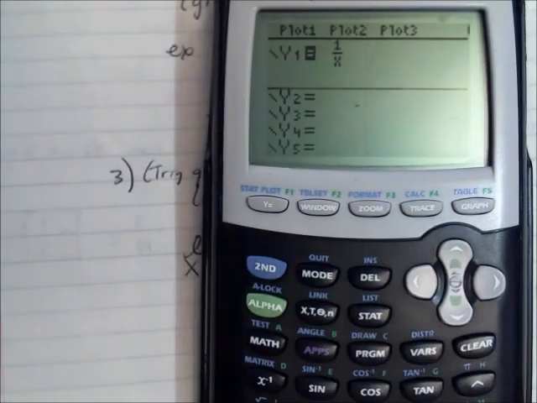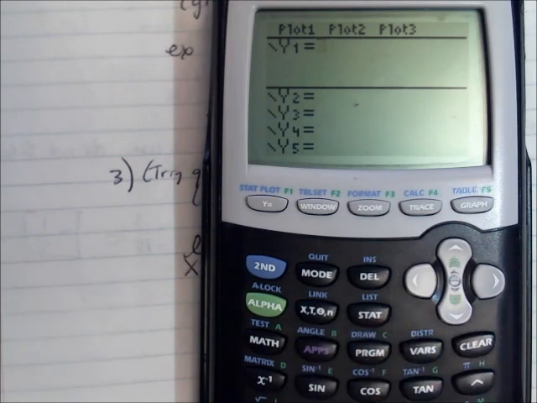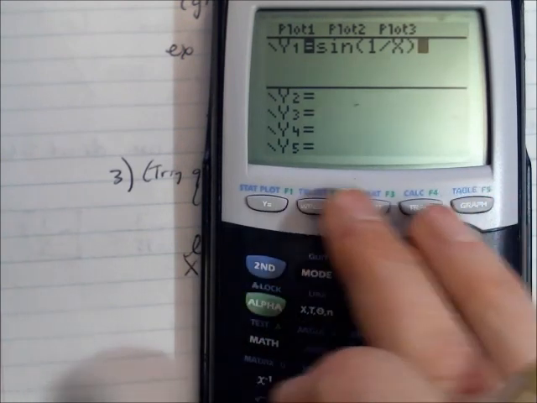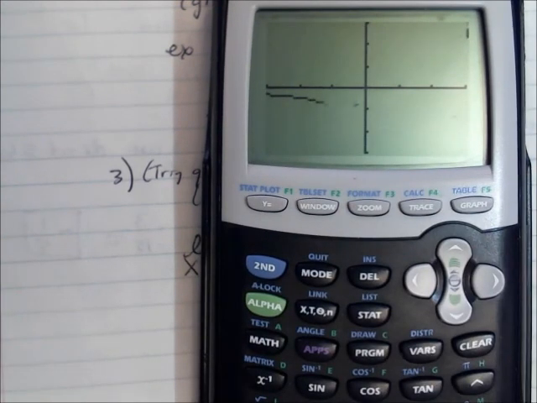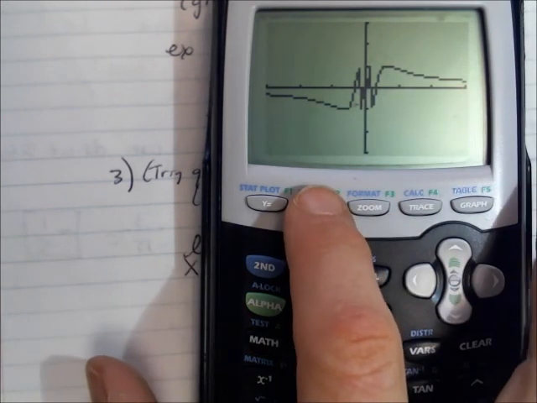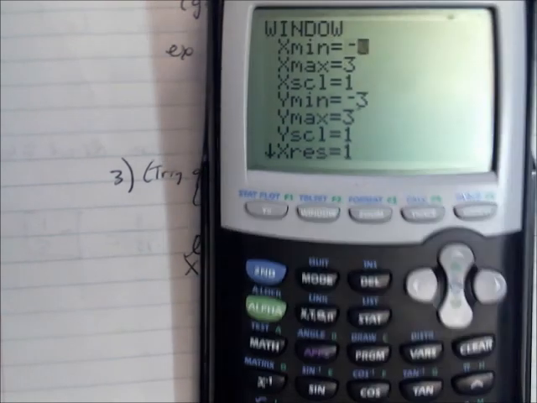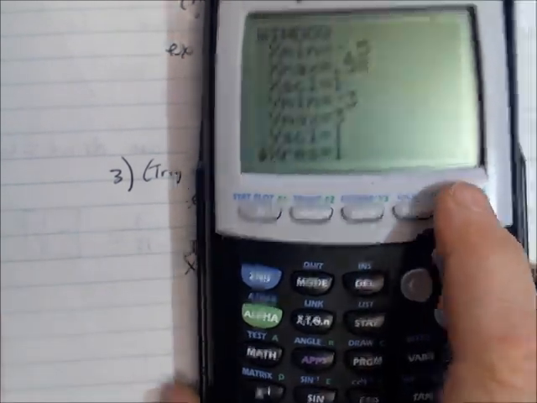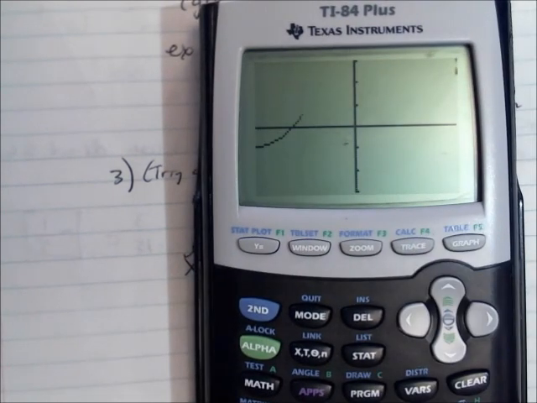If we put this in our calculator, we'll get the sine of 1 over x. And if we look at this graph, it's kind of fast, but if we zoom in a little bit closer, let me get my window to be from negative 0.5 to positive 0.5. I think we can see a little more oscillation going on here.